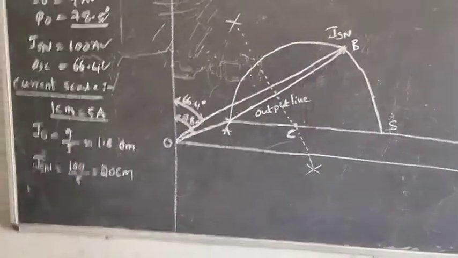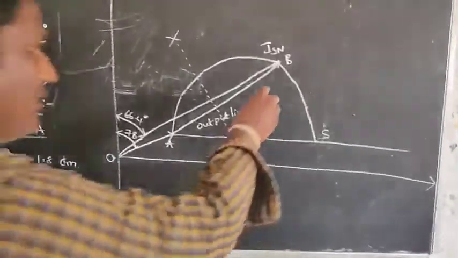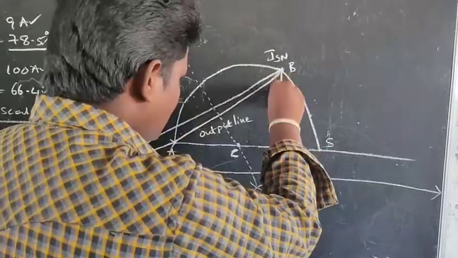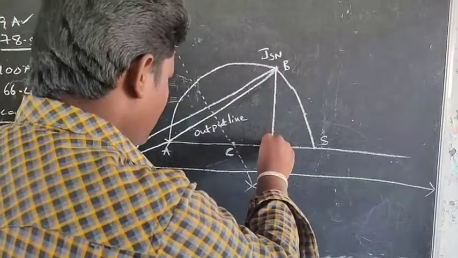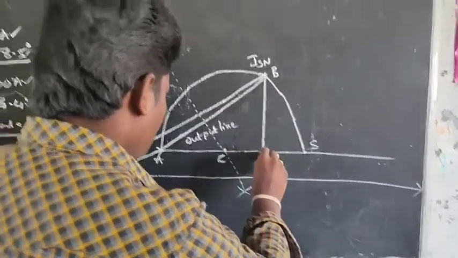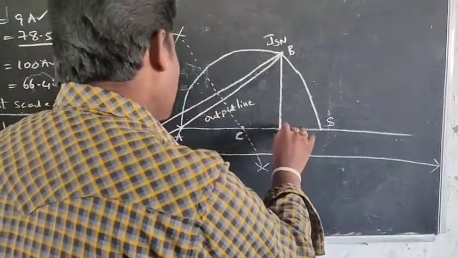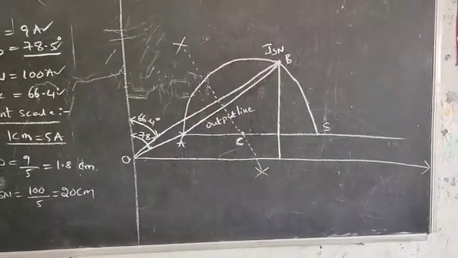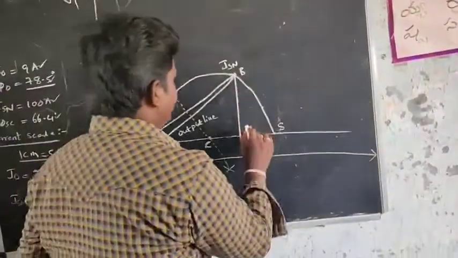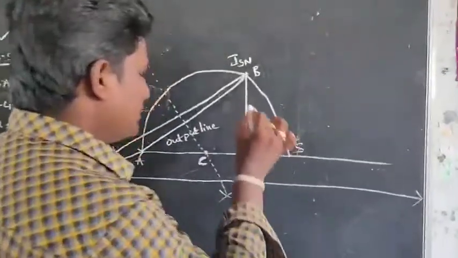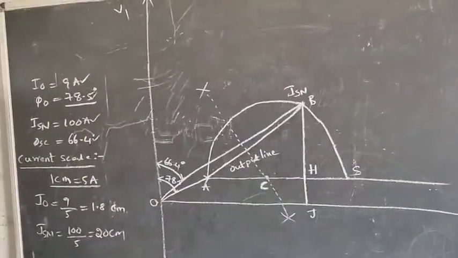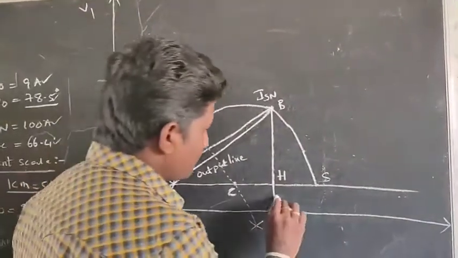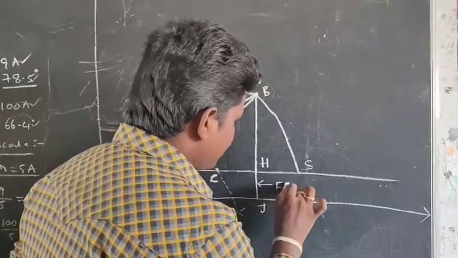After that, draw a line parallel to the y-axis and label it B, H, J like that. The letters are our choice.